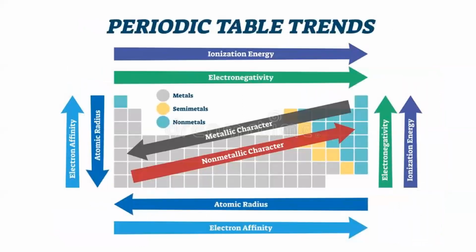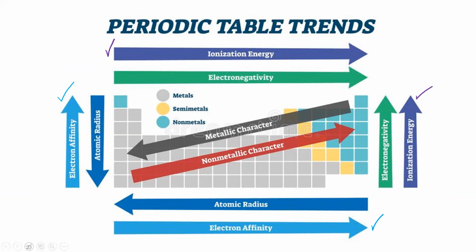And so if we put these together, the ones that we've looked at so far are ionization energy, which increases from left to right and increases from bottom to top. We've also looked at electron affinity, which increases going from bottom to top and increases going from left to right.